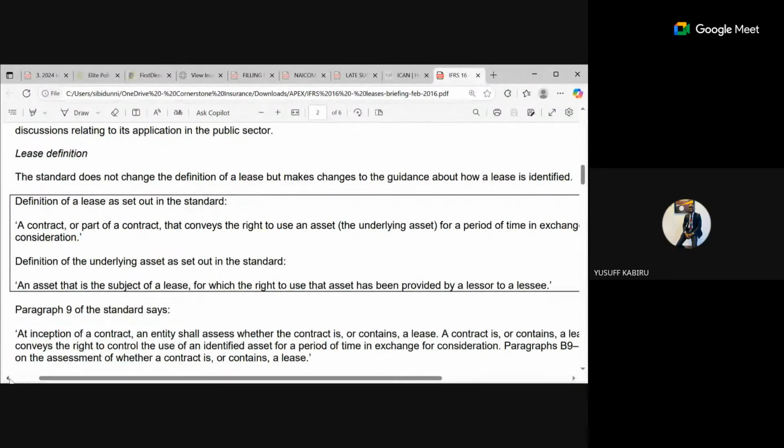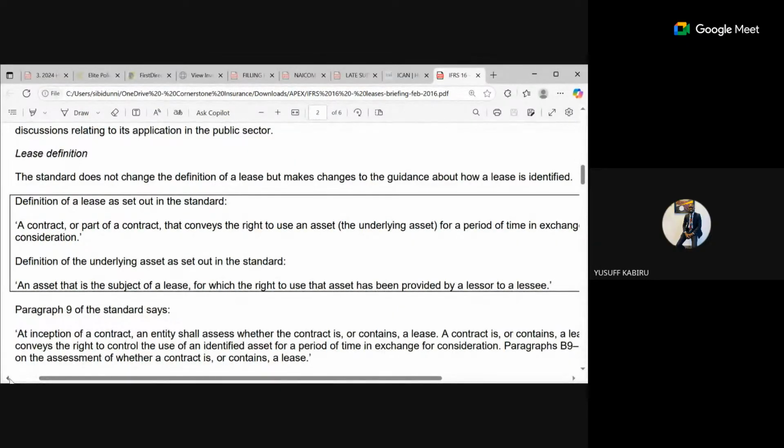So it actually conveys the right to usage of that asset because you are paying for the usage. So what granted you the opportunity to make use of it, to take control. We call it an asset, and the underlying important word when you are defining an asset is control. Remember your five elements of financial statements.